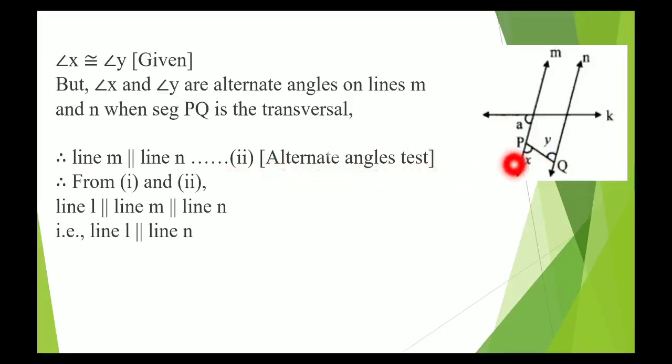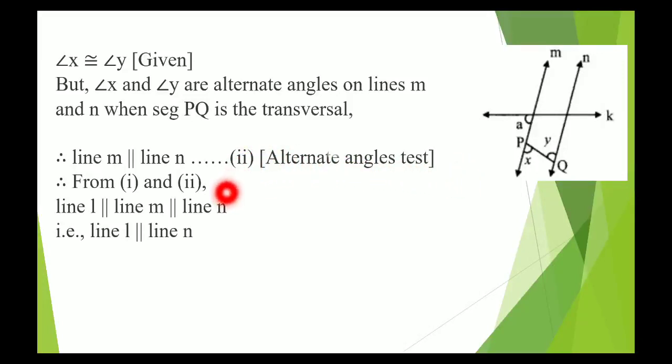So therefore I can say that line M is parallel to line N by alternate angle test. At the starting only we have learned, if we want two lines to be parallel, there are 3 tests. One is alternate angle test, corresponding angle test, and another is interior angle test. If it is satisfied by any of these tests, then we can say that the lines are parallel. So your line M and N are parallel through alternate angle test.